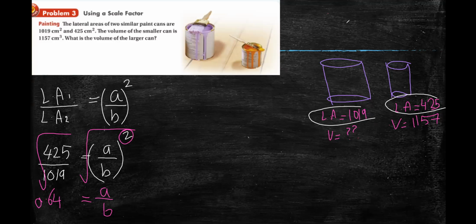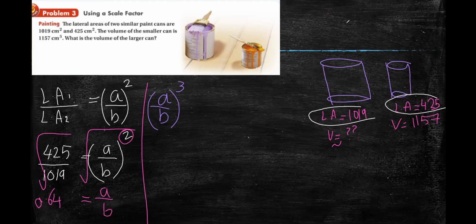After I found this one, I need to find the second volume. What do I have to do then? I need to find the unknown volume, the second volume. To write the ratios of volume, I need to write the cube of the scale factor, because the cube of the scale factor is the ratio of volumes.